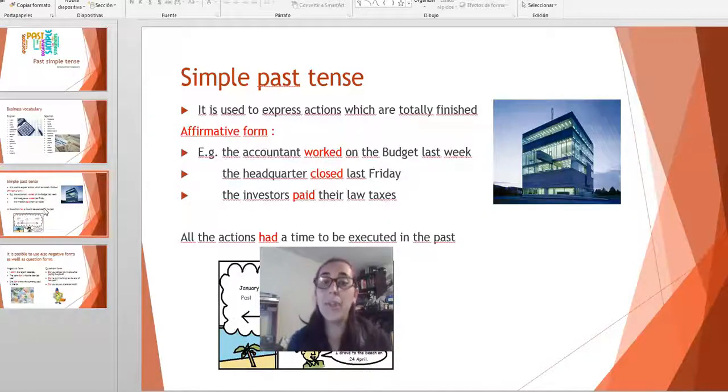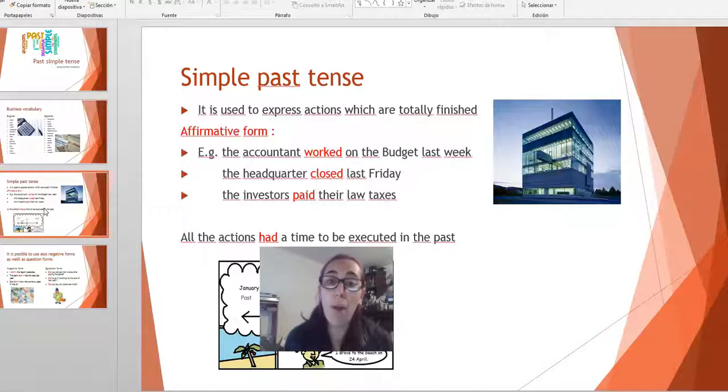The other one, when you have irregular verbs, which are the ones that change from present, some of them or most of them are different in past form, right? For example, if you say go, the past form will be went, right? If you have read, the past form would be read.